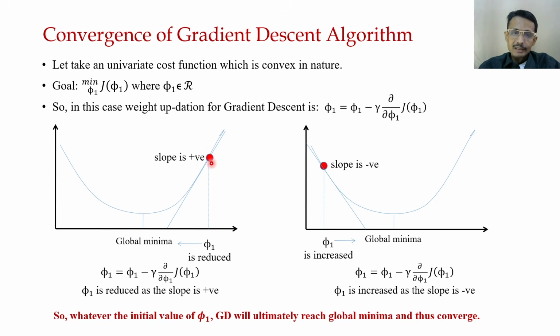So what we can observe in this diagram is that whether the slope is negative or positive, in any portion of this error surface it is updated in such a fashion that it slowly reaches the global minimum. We can conclude from this illustration that whatever the initial value of phi 1, gradient descent will ultimately reach the global minima and thus converge. So this is the proof of convergence of gradient descent if the error surface is convex.